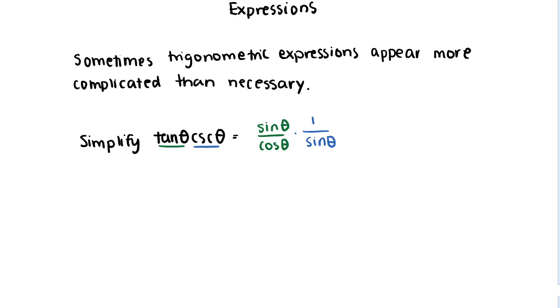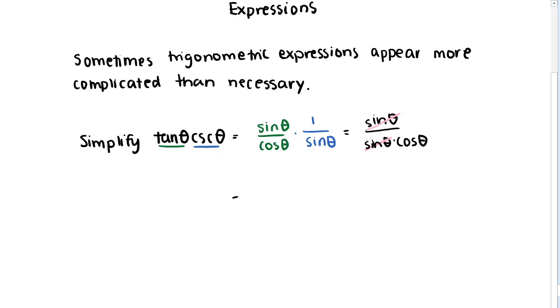And so, we can simplify this expression by noticing that these two consist of fractions involving sine and cosine, and when we multiply the numerators together, in this fraction multiplication, and when we multiply the denominators together, there's a common factor of sine between the numerator and the denominator to cancel out.